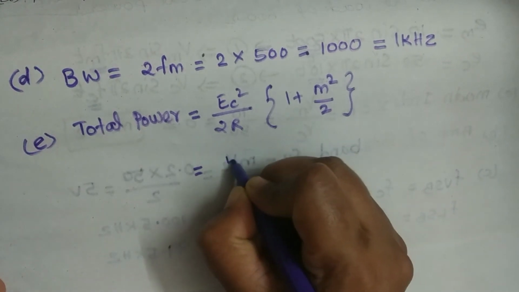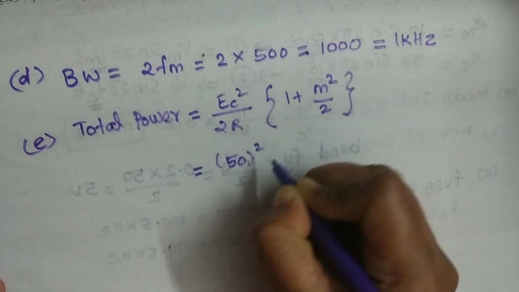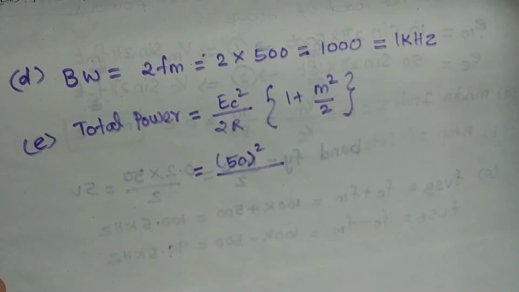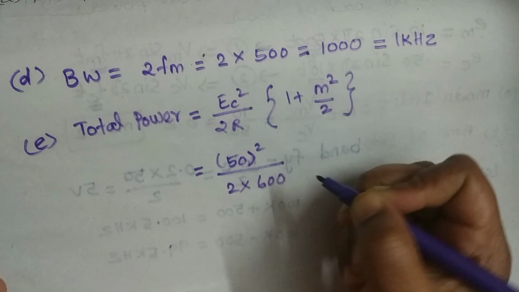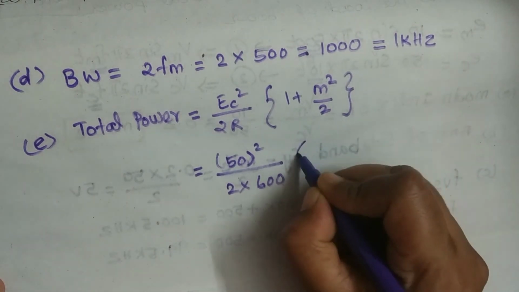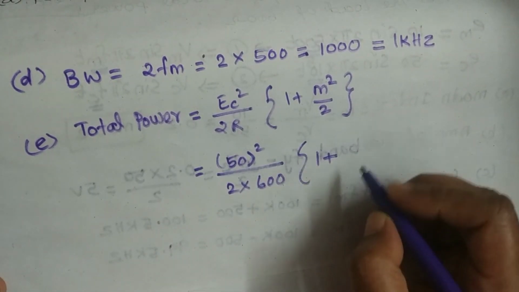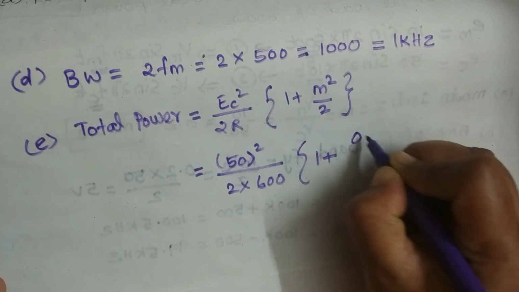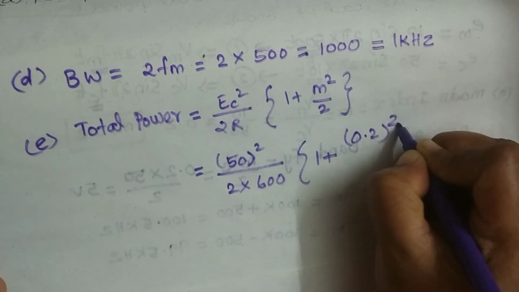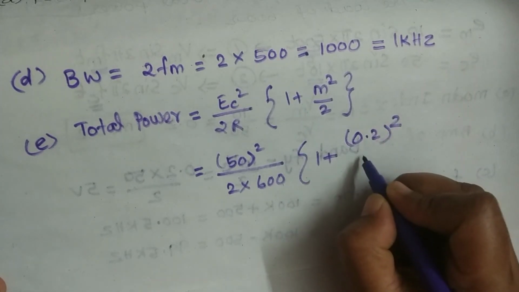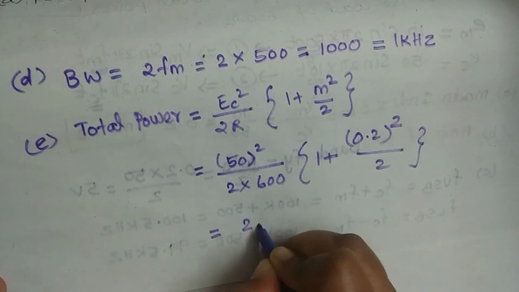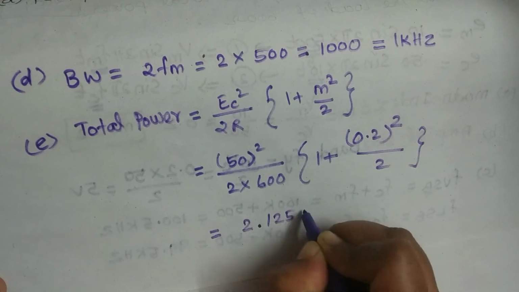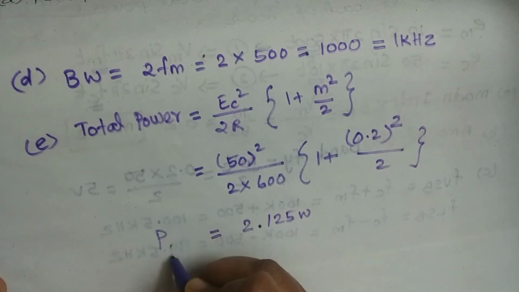Vc is 50, so 50 the whole squared divided by 2R, that is 2 into the load 600, which is given in the problem, into 1 plus m squared by 2, where m is 0.2. Calculating this gives 2.125 watts. This is the total power.